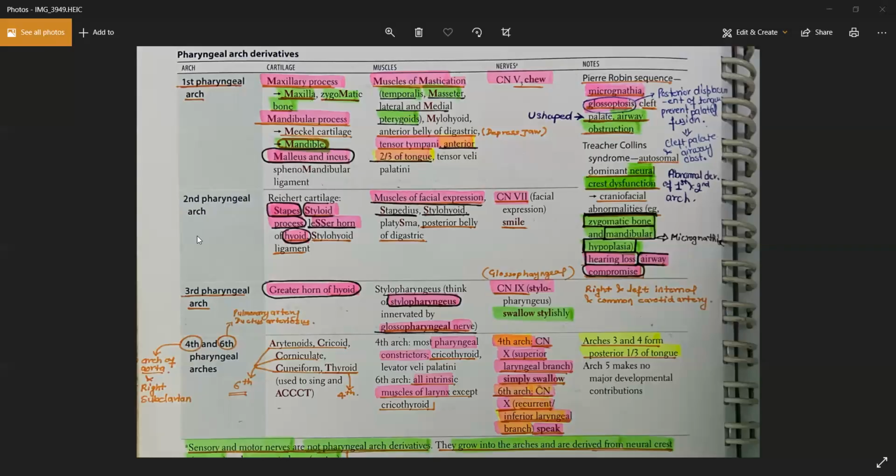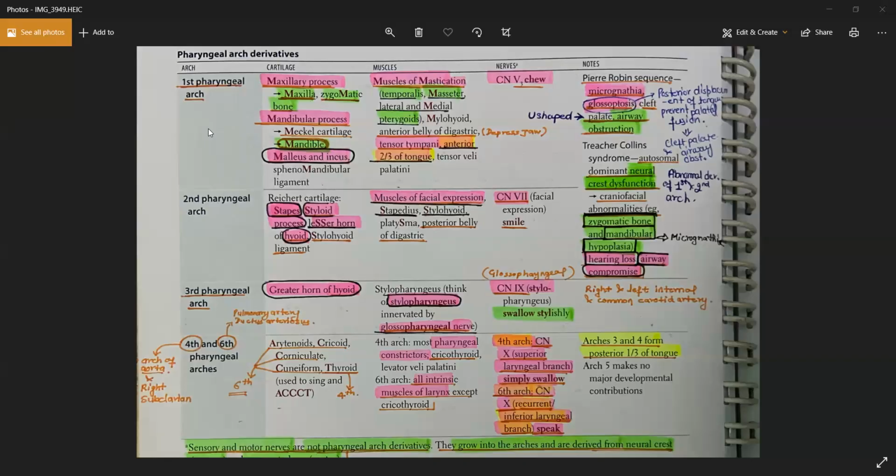Now, a combined defect of the first arch and the second arch can lead to Treacher-Collins syndrome, a syndrome where one defect leads to multiple other defects. Because of an autosomal dominant mutation, you will have neural crest dysfunction.